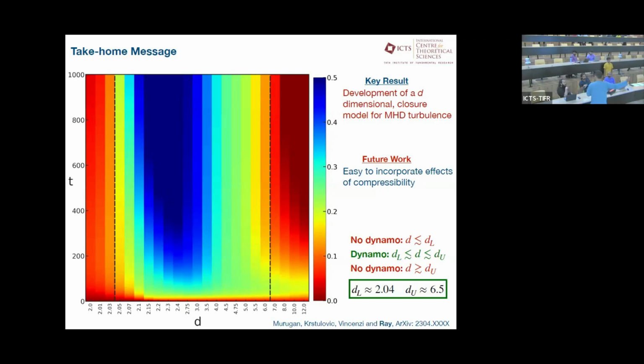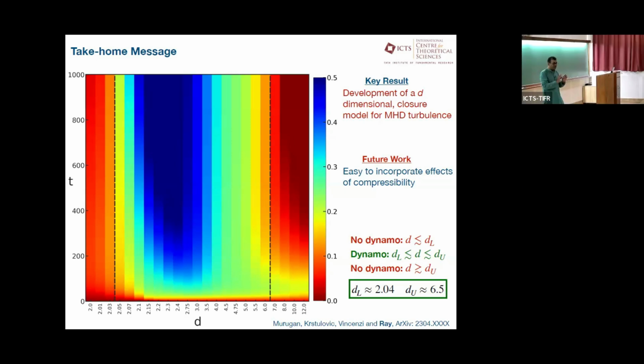Beyond the upper critical dimension, and especially those of you from the statistical physics community, I'm using this word as a surrogate, what we have is at large scales, there is a small transfer of B to U. At small scales, the fluid does pump in some energy into the magnetic field, but the magnetic dissipation that Tushar was talking about kills it off. So again, you end up with a no dynamo scenario. So the way you have no dynamos on either side of this is slightly different. The net effect is the same.